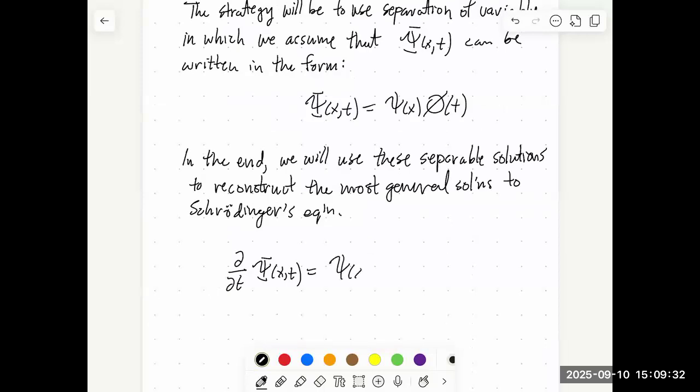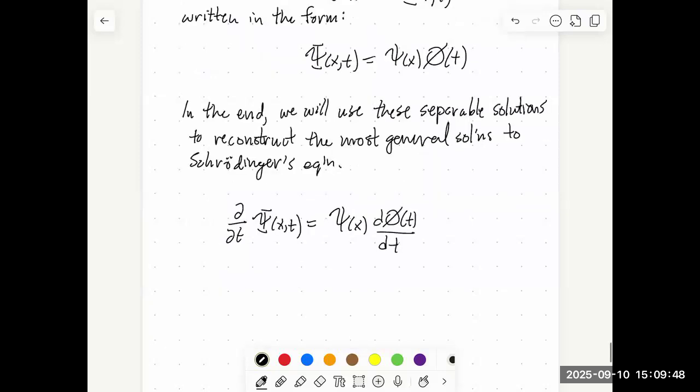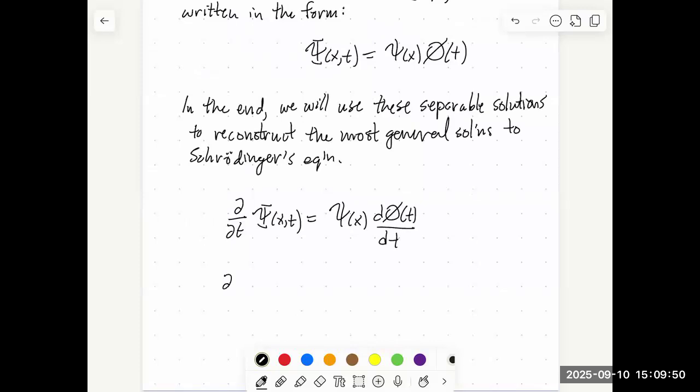So we'll have our position-dependent part, and then we'll have d phi by dt. In fact, I can write this as an ordinary derivative because now this function phi depends only on time. And on the right-hand side, we're going to have two spatial derivatives, and those are only going to act on little psi, the position-dependent part.